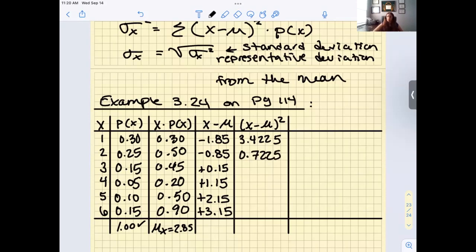0.7225. Next. 0.0225. Next. 1.3225. Next. 4.6225.